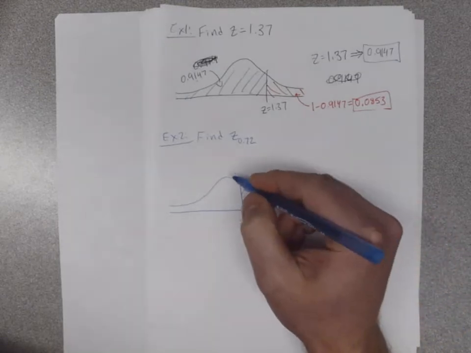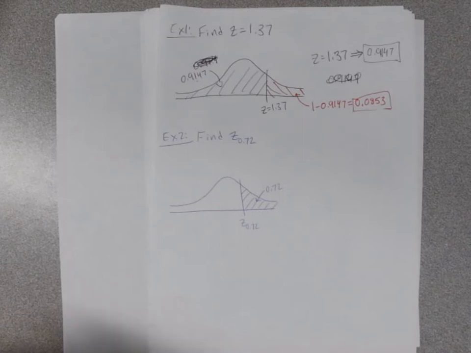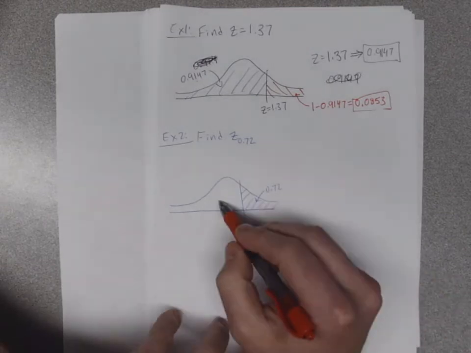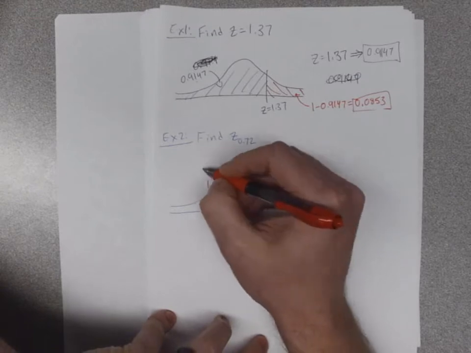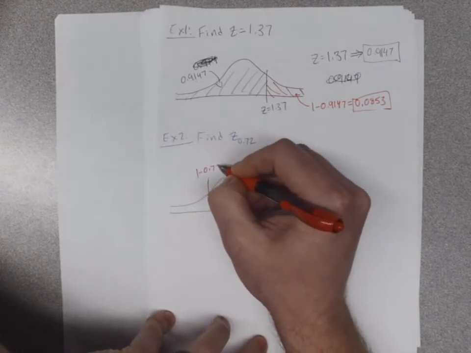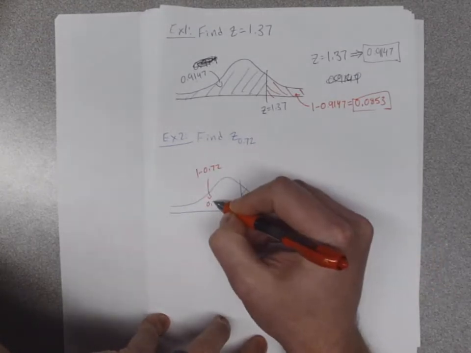And that means, so what does that tell us about this portion over here? Well, we can do 1 minus 0.72, and that gets us 0.38.